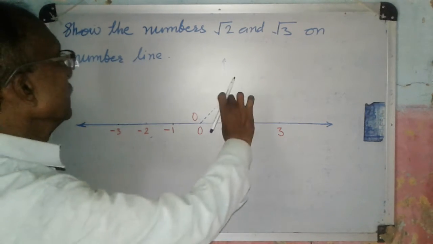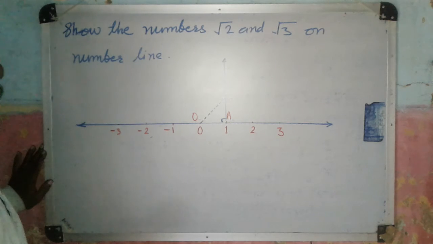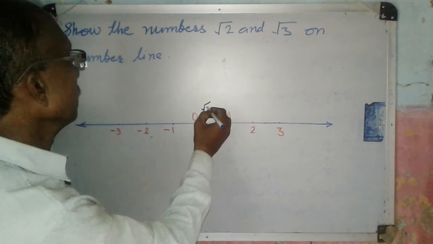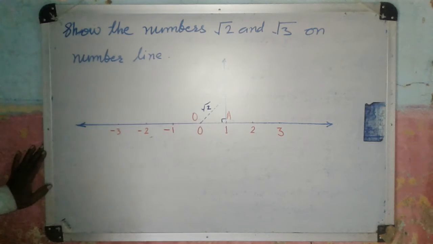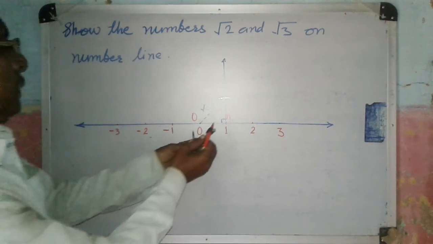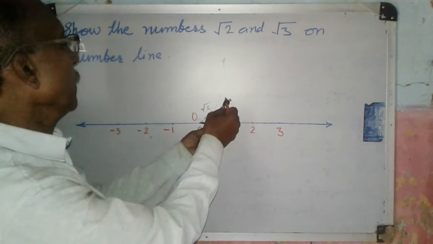This is 1 unit, this is 1 unit. So according to Pythagoras theorem, the hypotenuse will be root 2 unit. So this distance is equal to root 2.